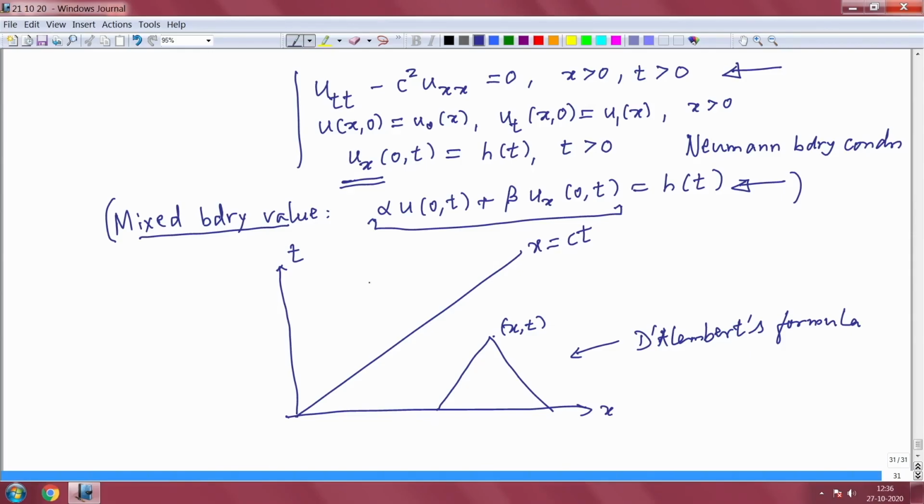So, again let us concentrate on what happens in the region x less than c t. There is absolutely no problem in the region x bigger than c t.